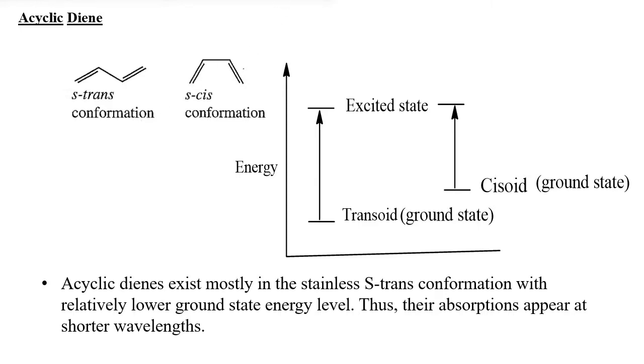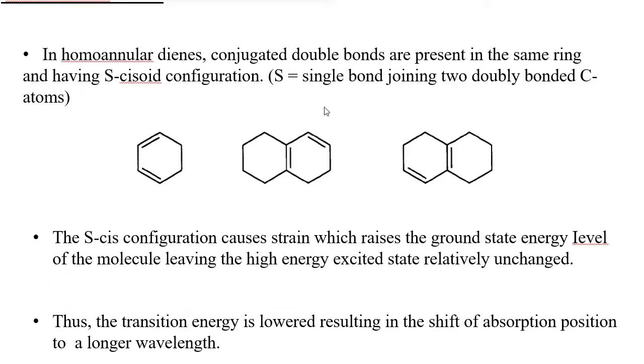Cyclic dienes may be homoannular dienes or heteroannular dienes. In homoannular dienes, conjugated double bonds are present in the same ring and have S-cisoid configuration. You can see S-cisoid configuration in this homoannular diene.